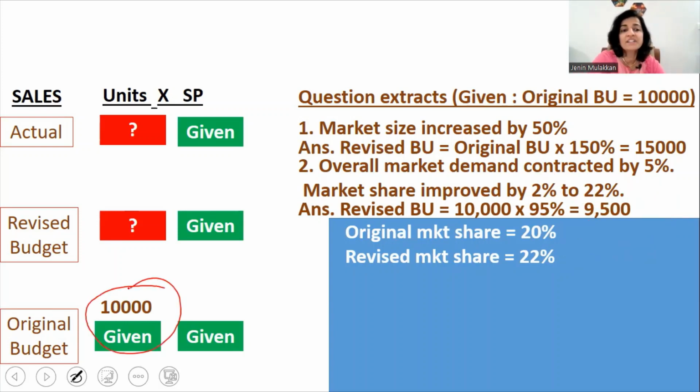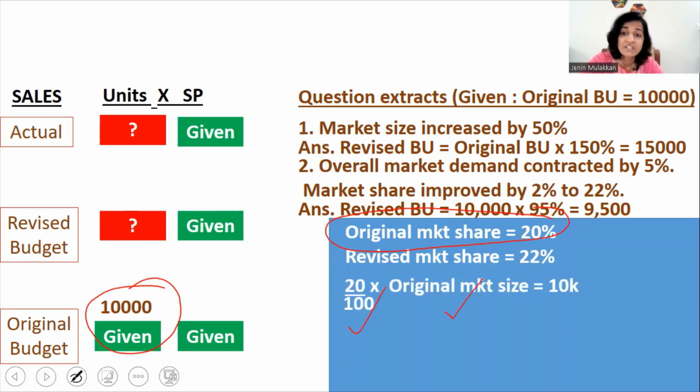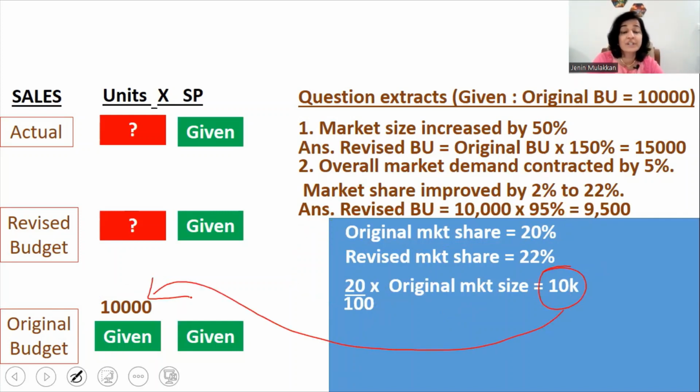Now the original budgeted units of 10,000 units is always calculated on the original market share. So it is very easy for us to find out the original market size because 20% of the original market size will be equal to 10,000 units. What is this 20%? It is the original market share. What is this 10,000 units? It is the original budgeted units.